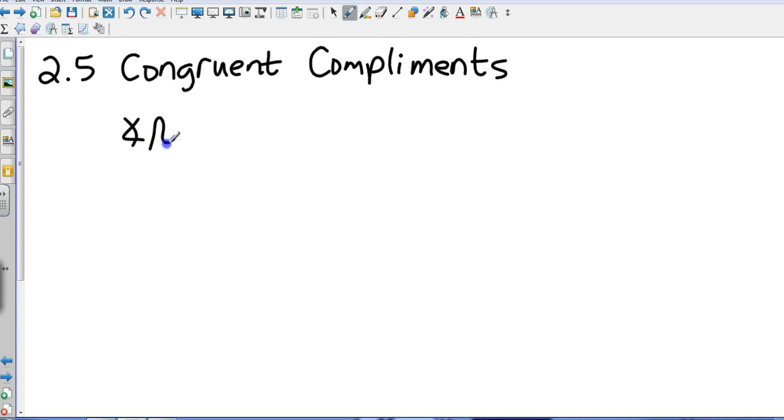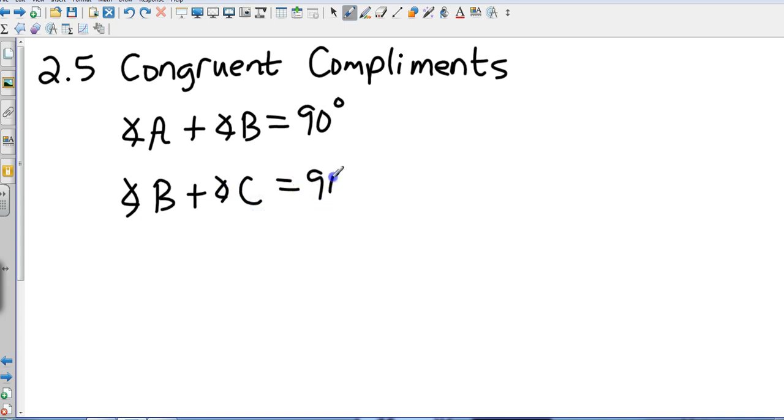If angle A and angle B are complementary, and angle B and angle C are complementary, then angle A has to be the same or congruent to angle C. Two angles complementary to the same angle must be congruent.